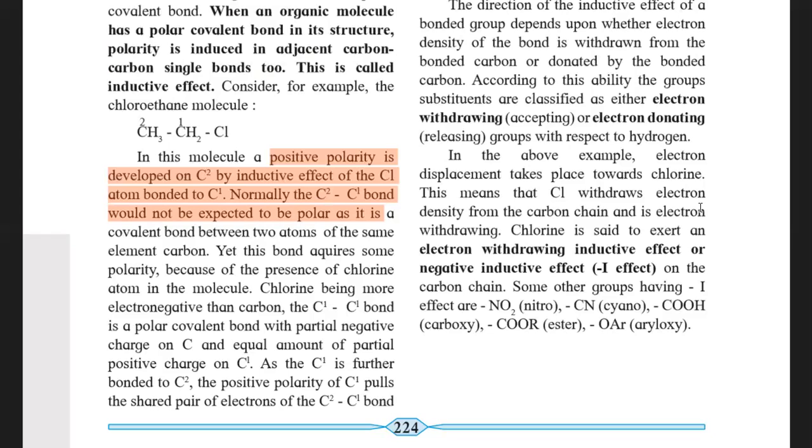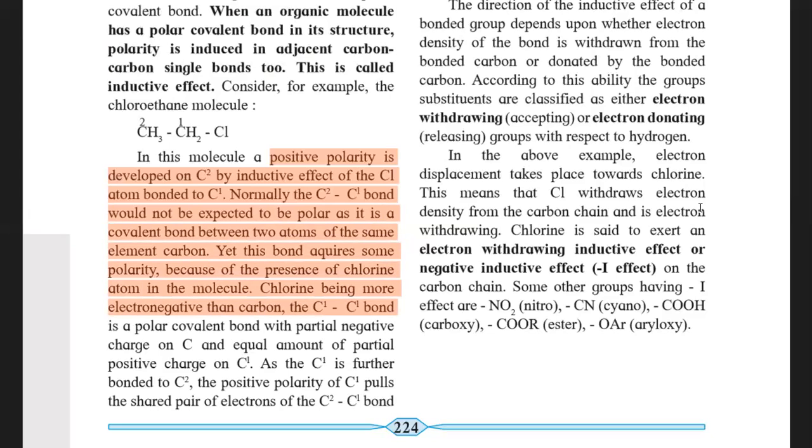So it is a covalent bond between two atoms of the same element, carbon. This bond acquires some polarity because of the presence of the chlorine atom in the molecule. We know chlorine is more electronegative than carbon. Therefore, the carbon 1 chlorine bond, here there is a printing mistake.